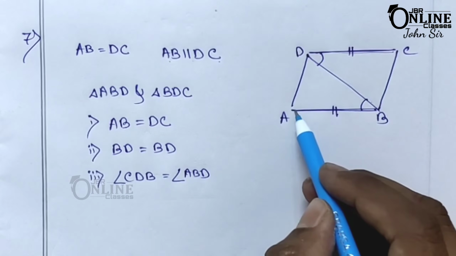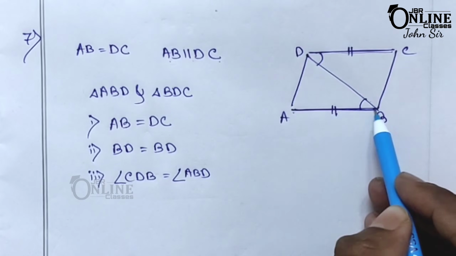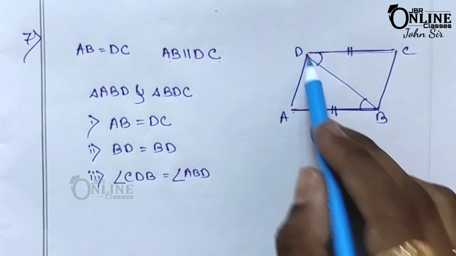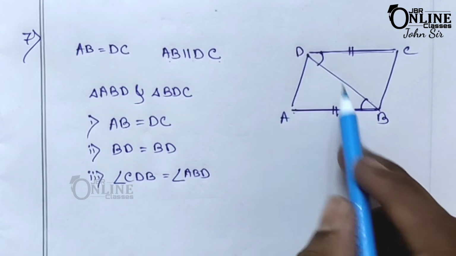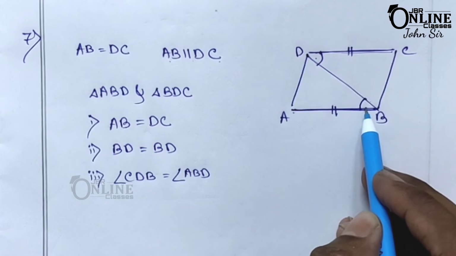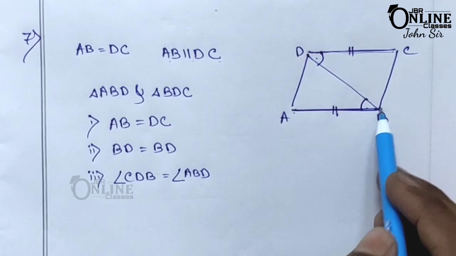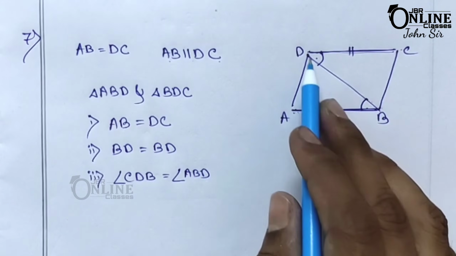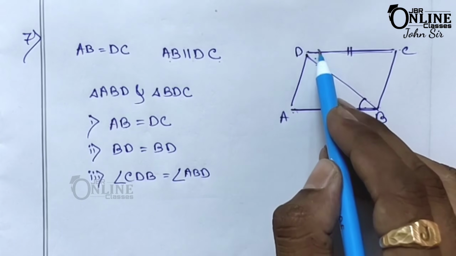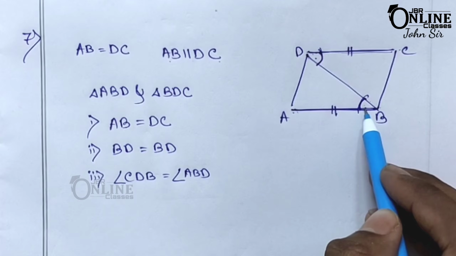This side is equal and parallel to this one, so that means this angle equal to this angle. It's called alternate angles. If DC and AB are parallel straight lines and DB is the transversal, then this angle equal to this one, it's called alternate angles.